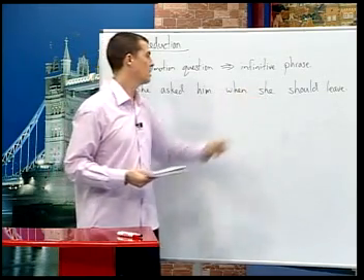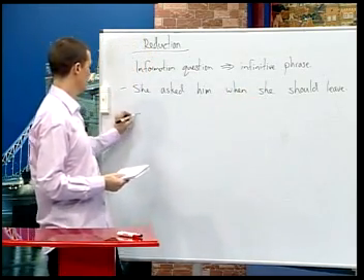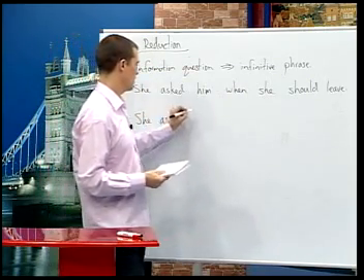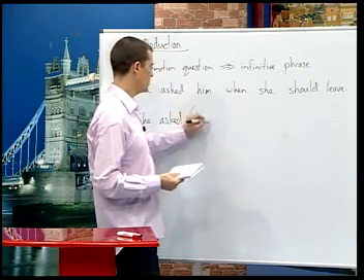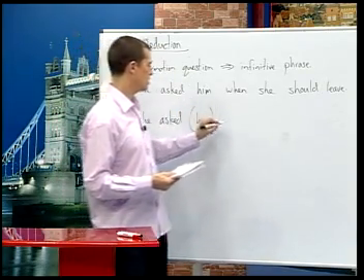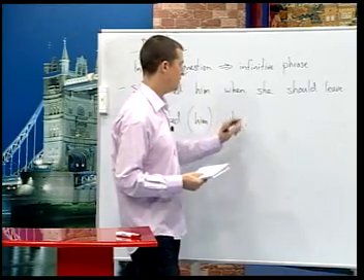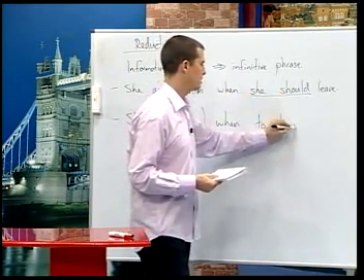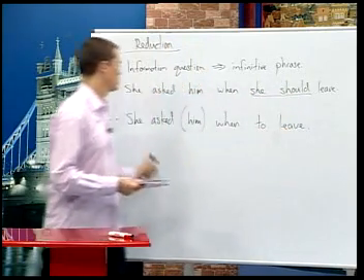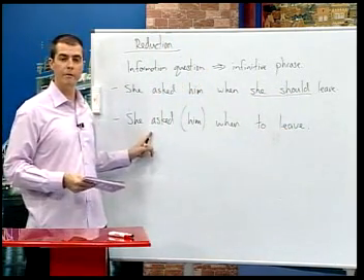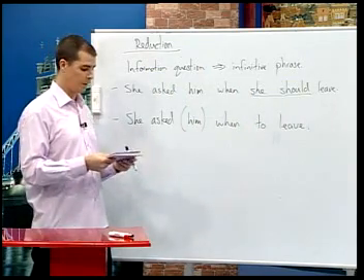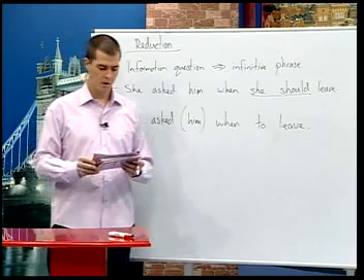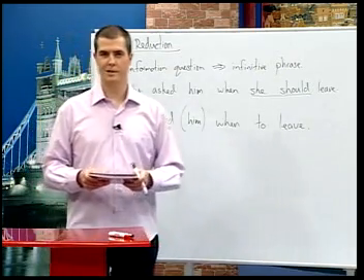It's the same person. Okay, when we do this, we can take this down to she asked. We don't need him, so we can say she asked when, and this part becomes to leave. She asked when to leave, or she asked him when to leave. We can use this or we cannot use this. Right, let's practice this now.